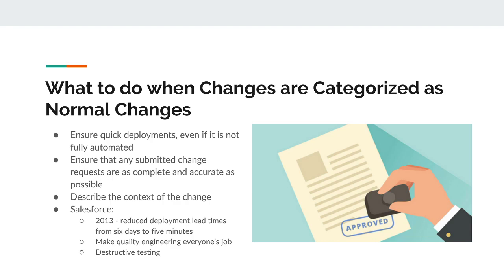One of the main themes of the Salesforce transformation was to make quality engineering everyone's job. This includes everyone that was part of development, operations, and infosec. It doesn't matter what you were doing, as long as you make quality part of your job, that should make things easier for everyone.